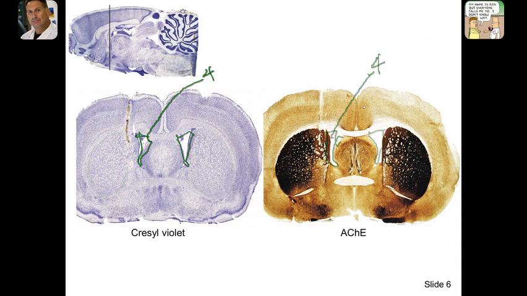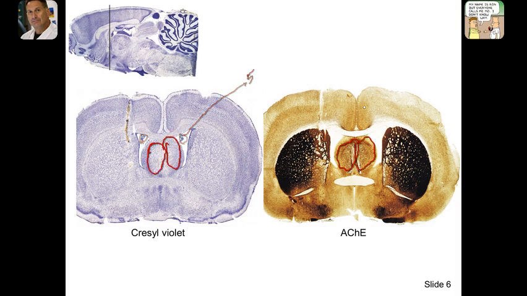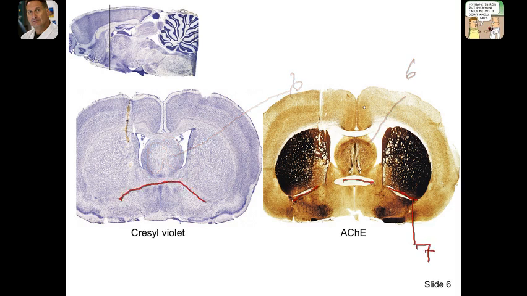We have some choroid plexus here. We have the medial septum, it's a basal forebrain structure. We have a crossing white matter called the anterior commissure. We have the hypothalamus.